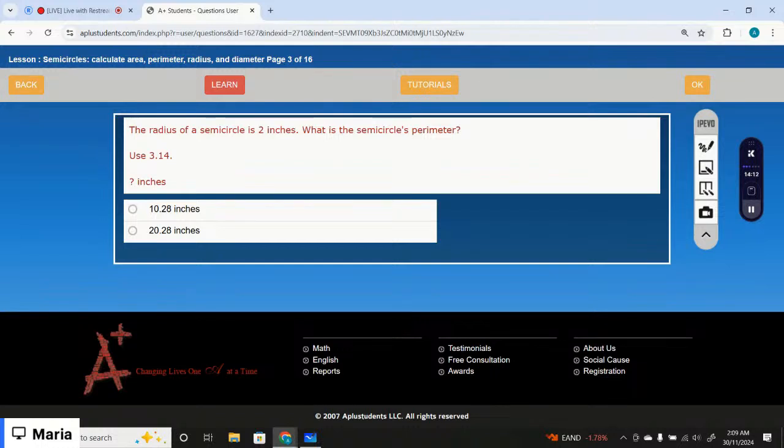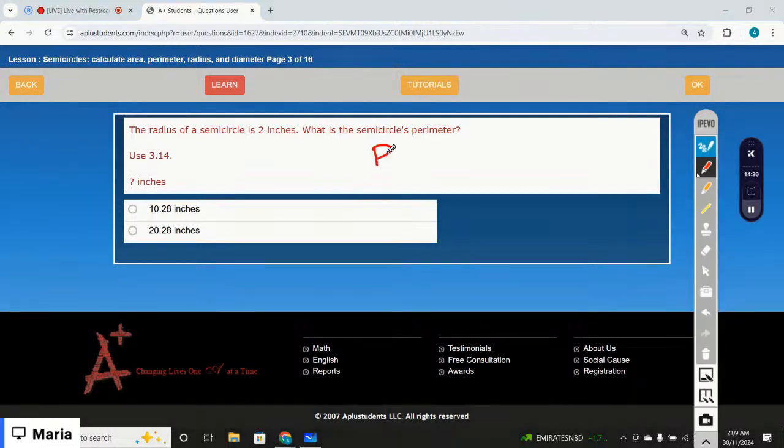The radius of the semicircle is 2 inches. What is the semicircle's perimeter? Just use the formula, that is 2 pi r divided by 2 plus 2r.